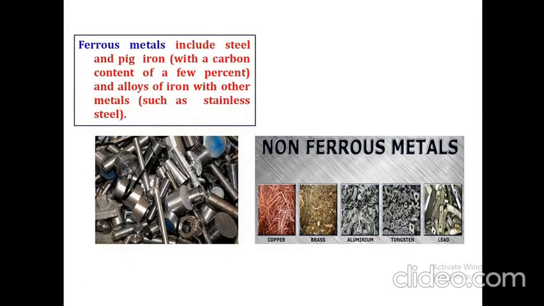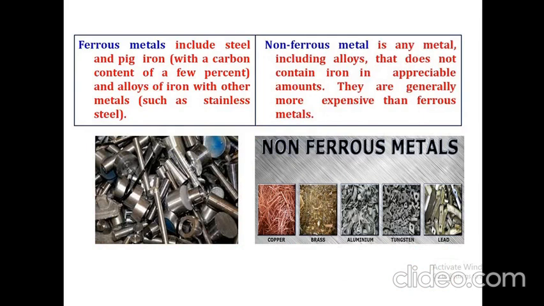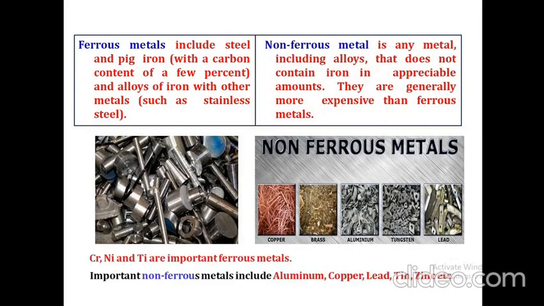These are further classified as ferrous metals and non-ferrous metals. Ferrous metals include steel and pig iron having a carbon content of a few percent, and alloys of iron with other metals such as stainless steel. Other important ferrous metals are chromium, nickel and titanium.